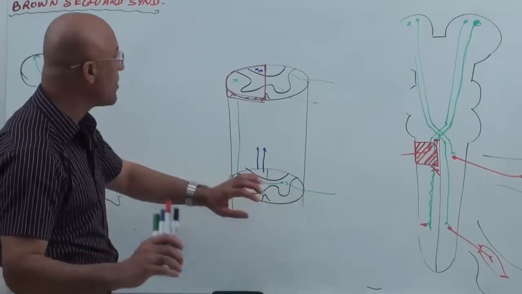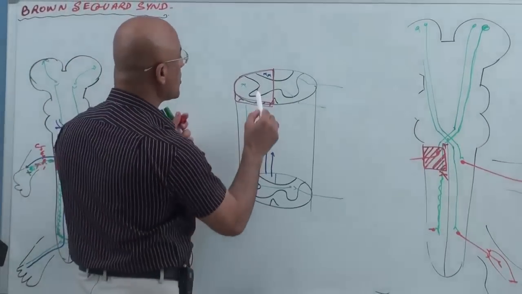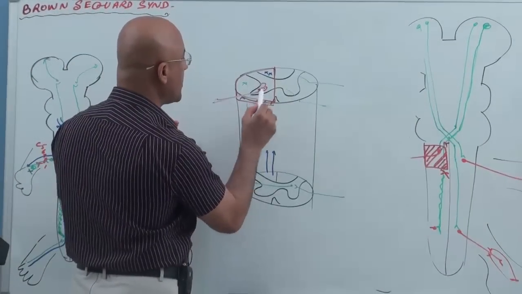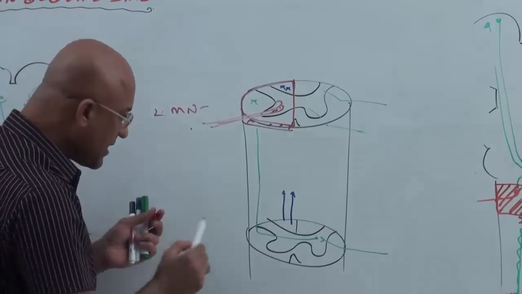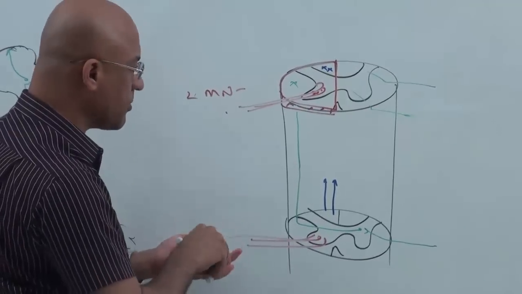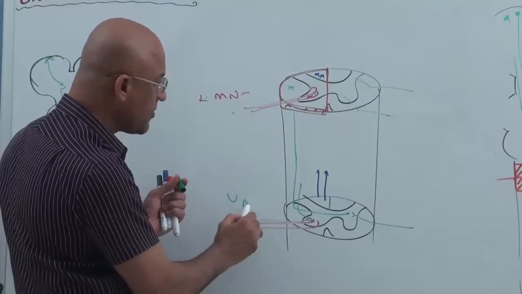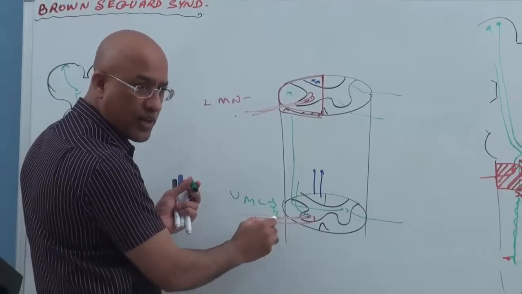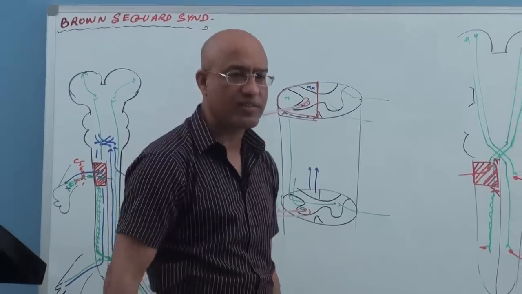Any question up to this? In this area, because lower motor neurons are themselves damaged, there is a lower motor neuron type syndrome, and below, lower motor neurons are functioning but the upper motor neurons coming down are lost. So an upper motor neuron type syndrome is there, and spinocerebellar damage will lead to dystaxias.